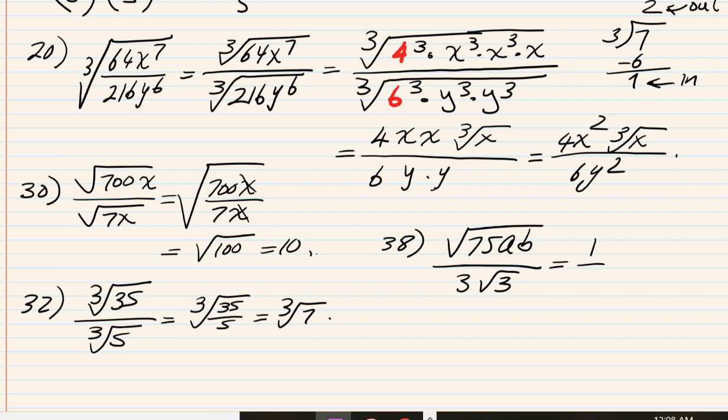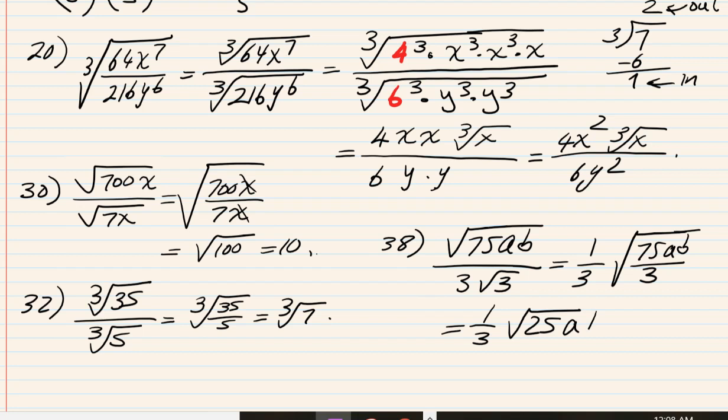So I'm going to keep this 3 away from the action, and combine 75ab with the other 3, the one that's under the radical. Now 75 divided by 3, that's going to be 25, right? So this is just 25ab. And square root of 25 is 5, so that's 5/3 times root ab.